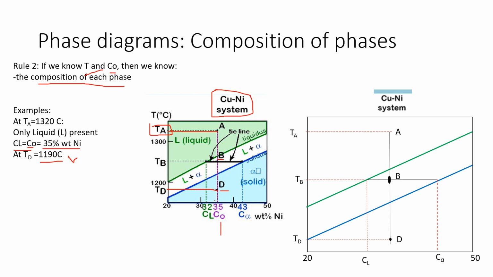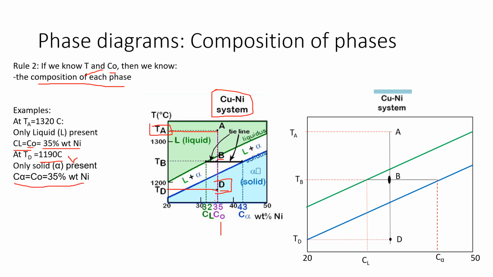At point D the temperature is 1190 degrees centigrade, which is known. If any number of points are given in one phase diagram, and the temperature and the vertical lines are mentioned, then we can find out the temperature.